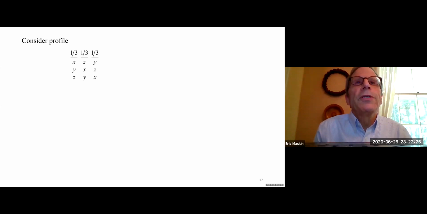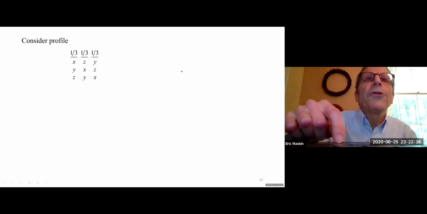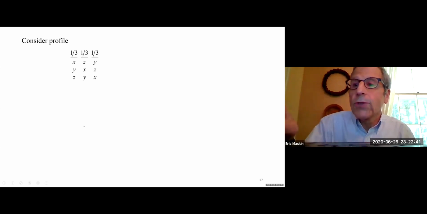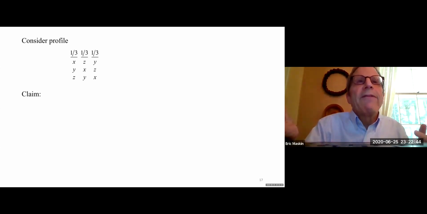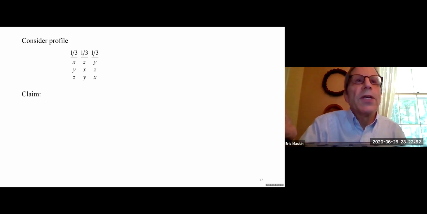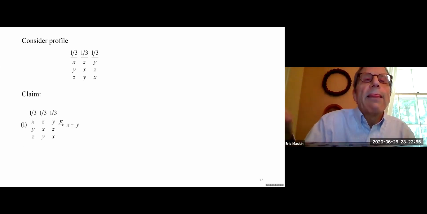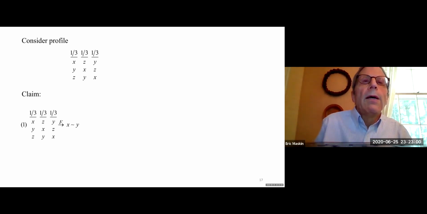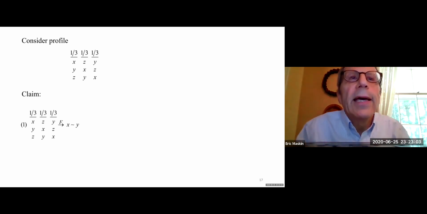Now let's imagine that the population splits into three equal groups. 1/3 of the population has the ranking XYZ, 1/3 ZXY, 1/3 YZX. Suppose that we have a social welfare function that satisfies our five axioms. I claim that the social ranking for this profile must have X and Y indifferent.